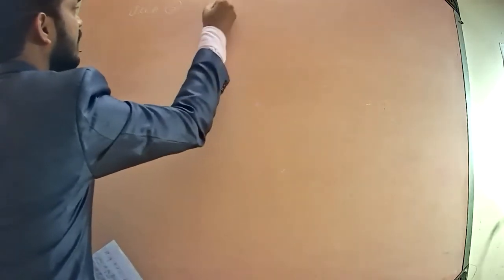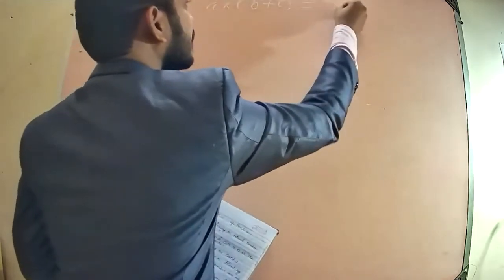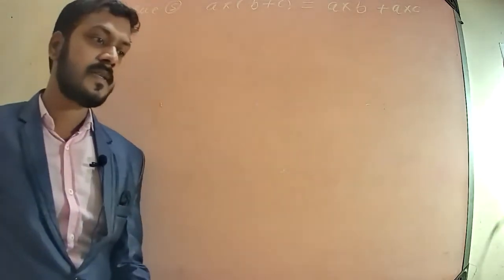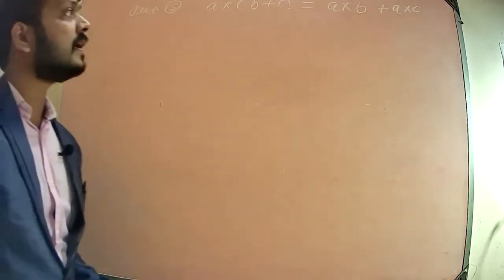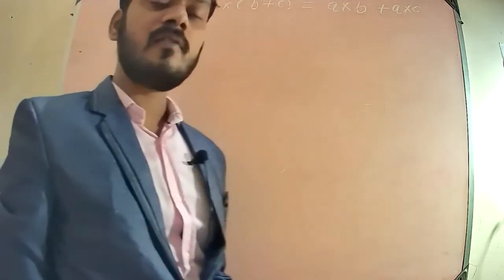Okay, next one, question number 5: A into (B plus C) is equal to A into B plus A into C. We can carefully see here A into (B plus C) is equal to A into B plus A into C. So it is a property of rational numbers.